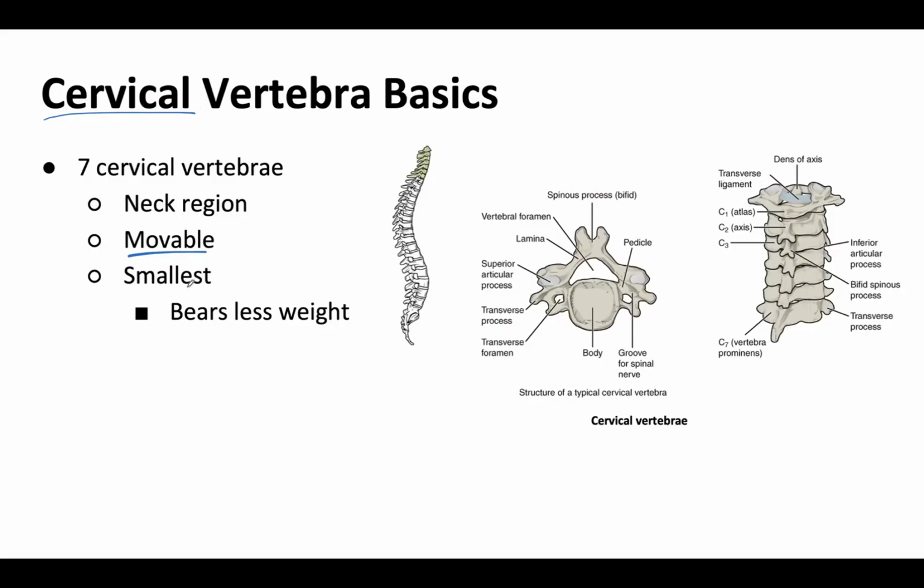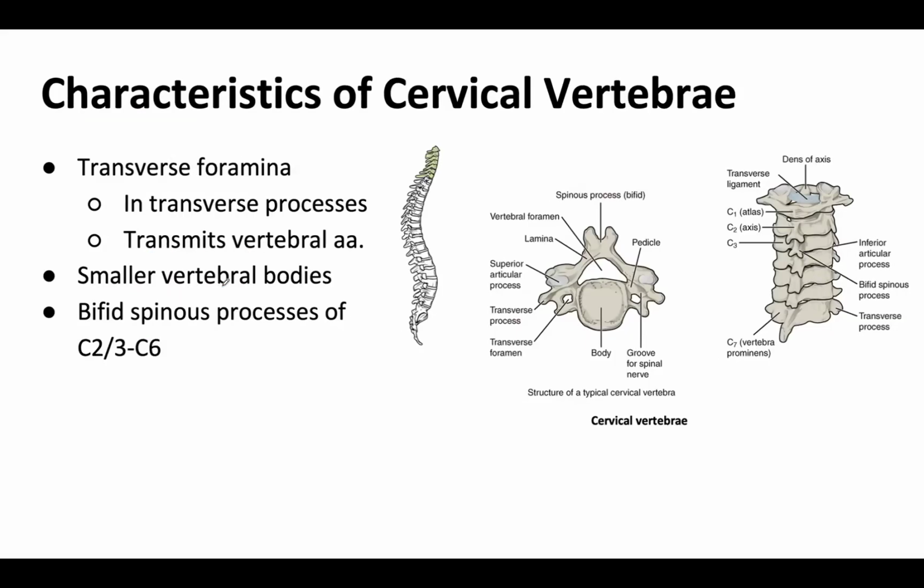Of the movable vertebrae, these are the smallest, and that makes sense because they're not bearing as much weight as the more inferior vertebrae. So cervical vertebrae are supporting the weight of the head, but not of the upper limb or the thorax region. So really, it's just bearing that relatively small amount of weight.